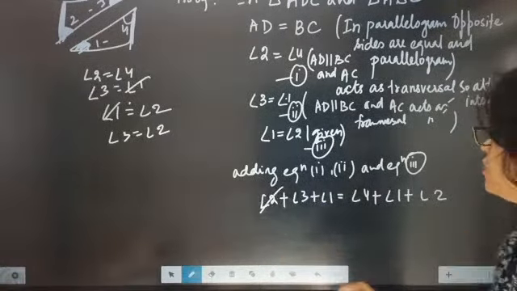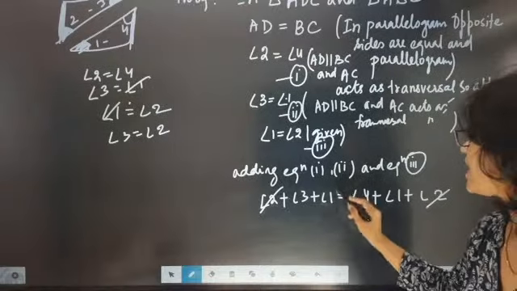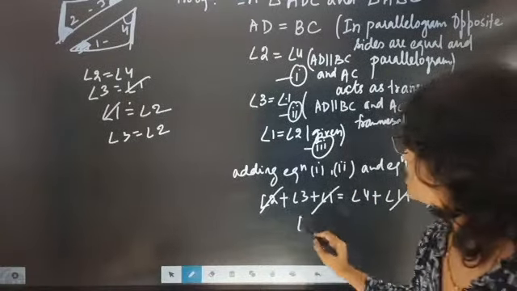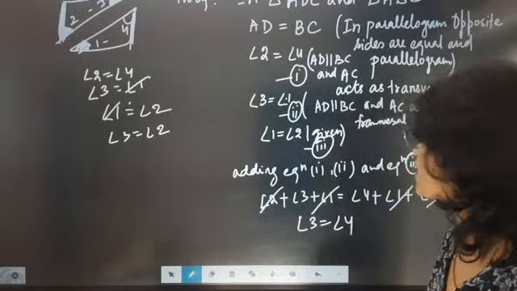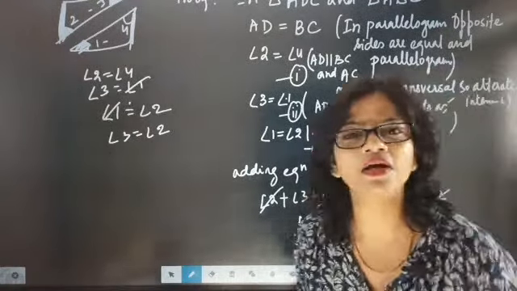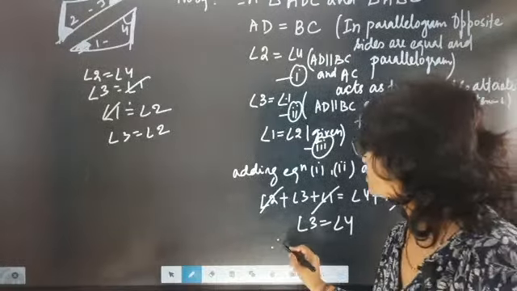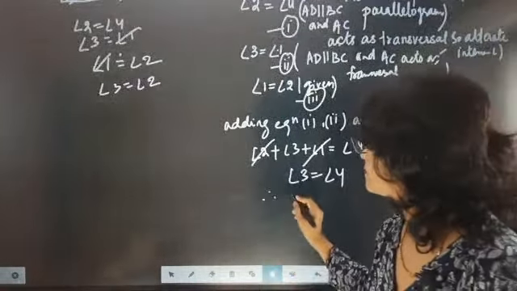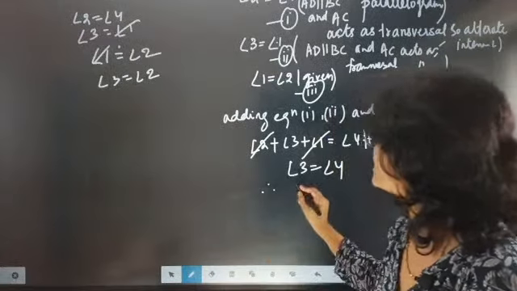So angle 2 gets cancelled, angle 1 gets cancelled. Directly I got angle 3 equal to angle 4. So angle 3 equals angle 4, and that means what? AC bisects angle C. Therefore, we can say AC bisects angle C.